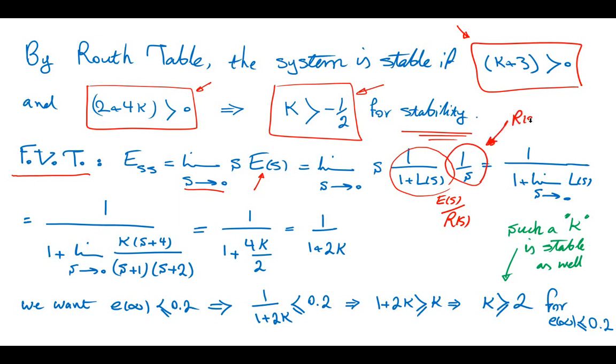So this is the input, and we multiply the whole thing. This whole thing will be E of s. Then we multiply the whole thing by s and we let s go to 0.